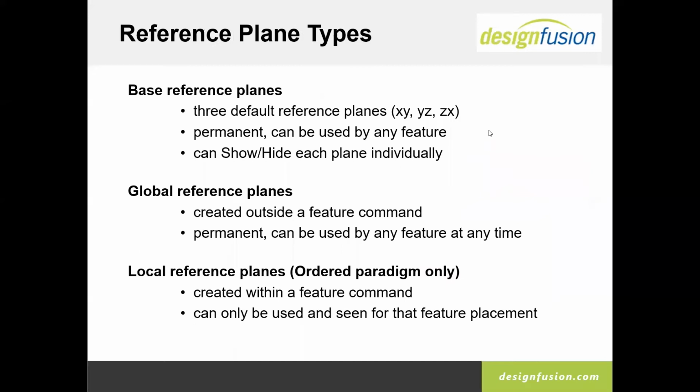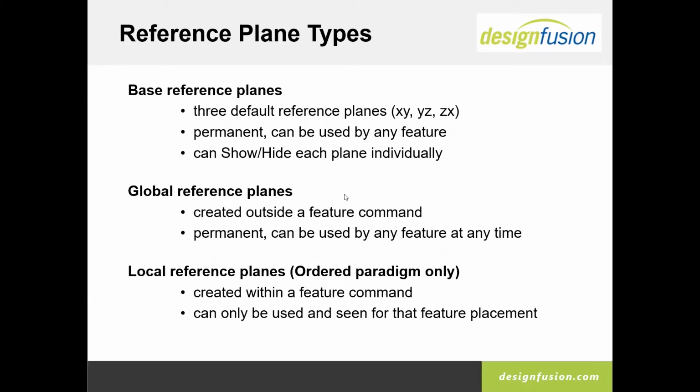There are three types of reference planes in ordered. We will be focusing on ordered today. We'll talk more about synchronous reference planes when we do the synchronous section. The base reference planes, as I said, are your main planes. You cannot move them or delete them, but you can create both global planes and local reference planes.